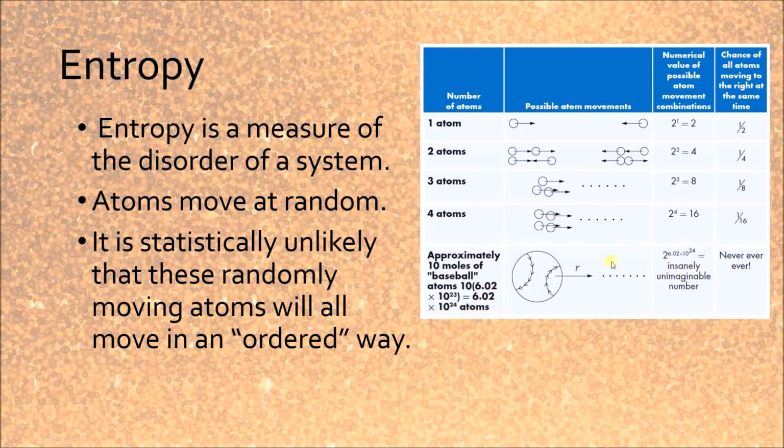Now, if all the atoms can either move just to the right or to the left, 2 to the power of 6.02 times 10 to the 24th gives us an insanely unimaginable number, which means that it is statistically unlikely that all the atoms together will move to the right at the same time, and the baseball will move in an orderly, organized fashion. It's just not statistically possible.